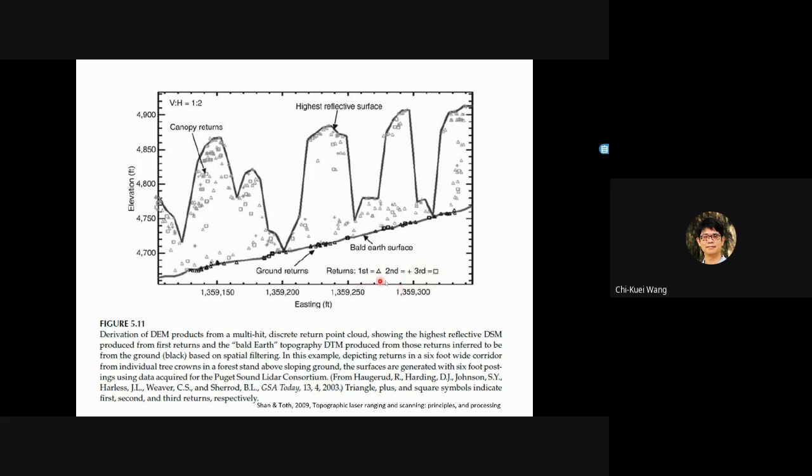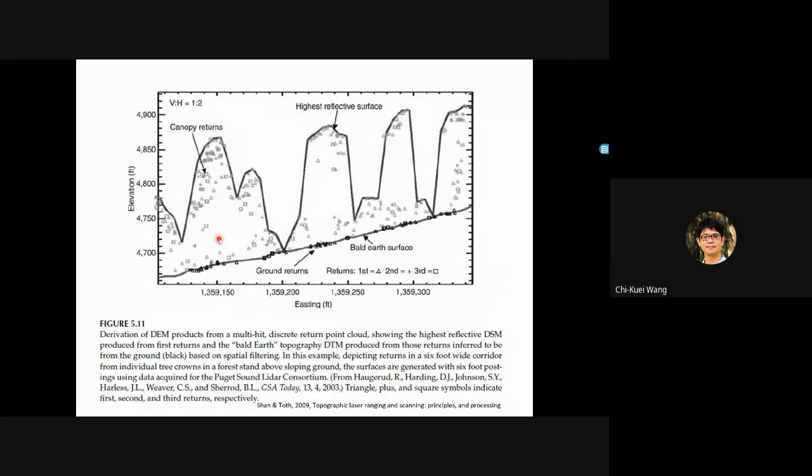The triangles are most likely to be on the top of the canopy, the plus tend to be in the middle of the canopy or somewhere in between, and the squares tend more to be on the ground. But this is not guaranteed. Sometimes you can also see that the third return is in the middle of the canopy.